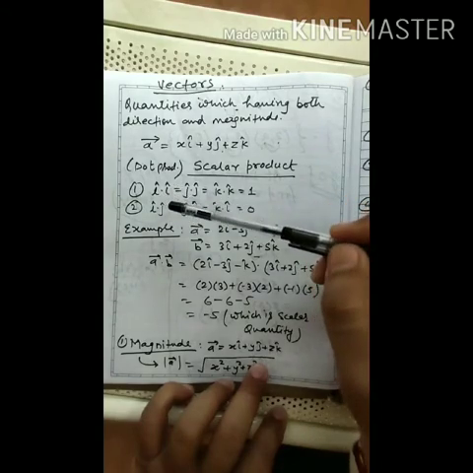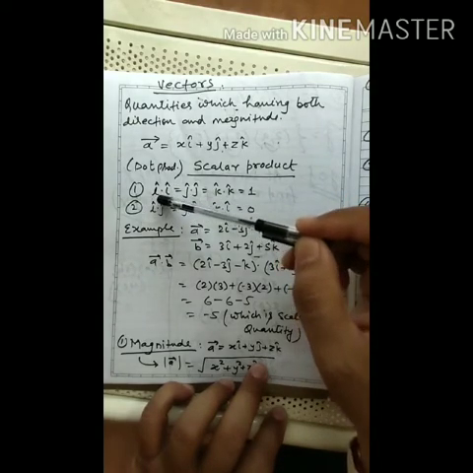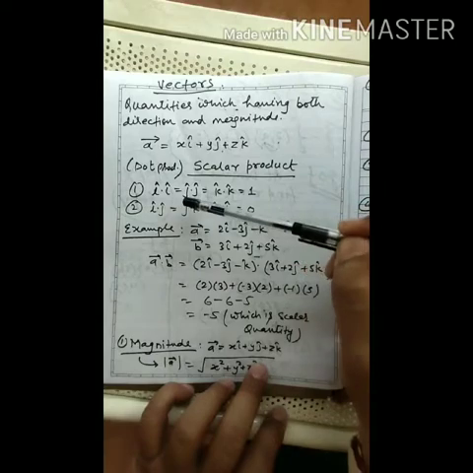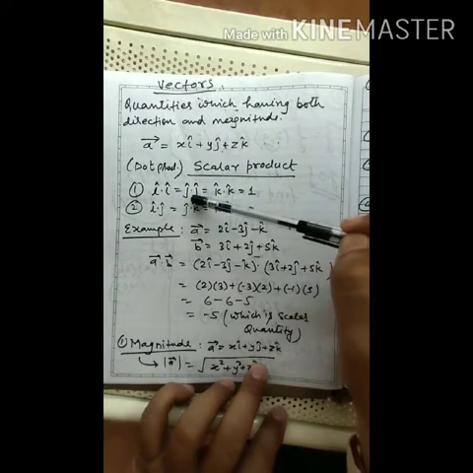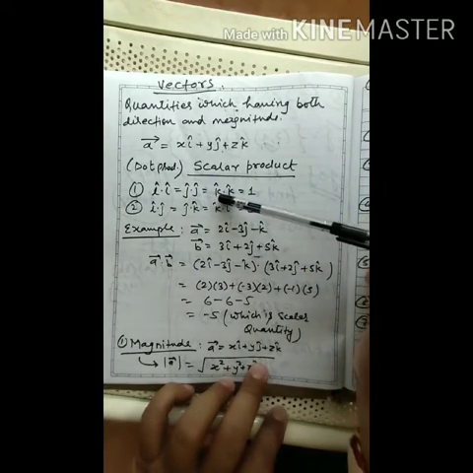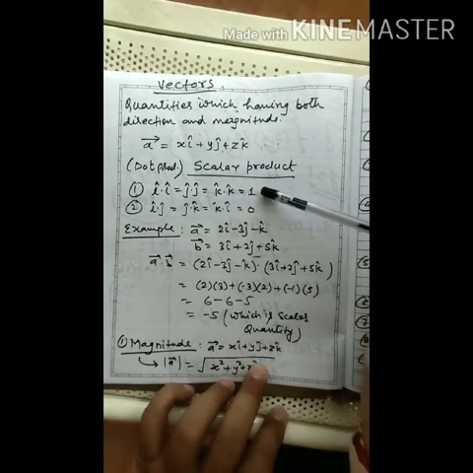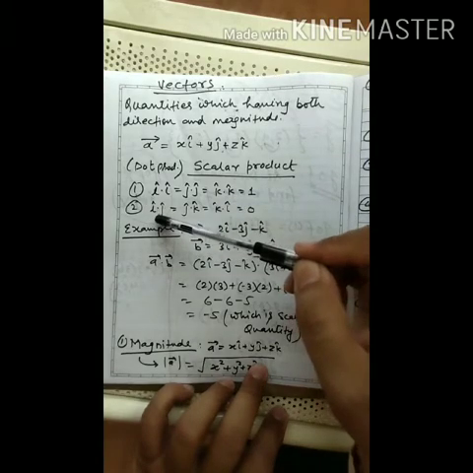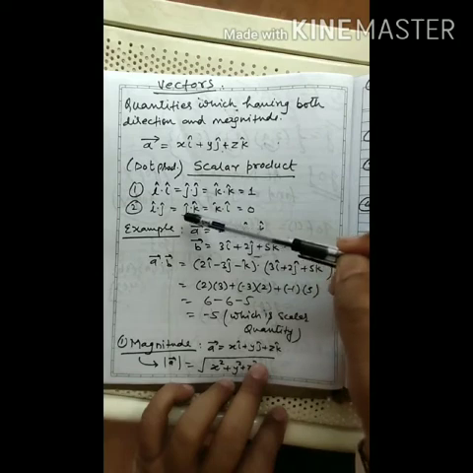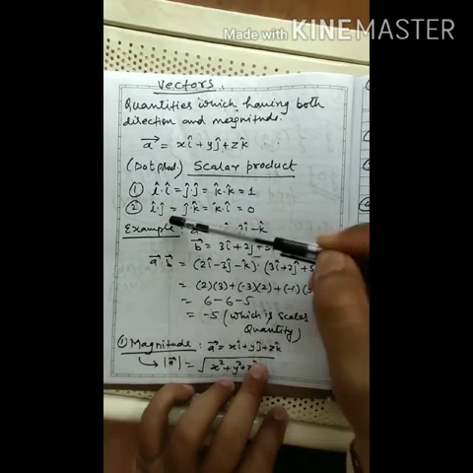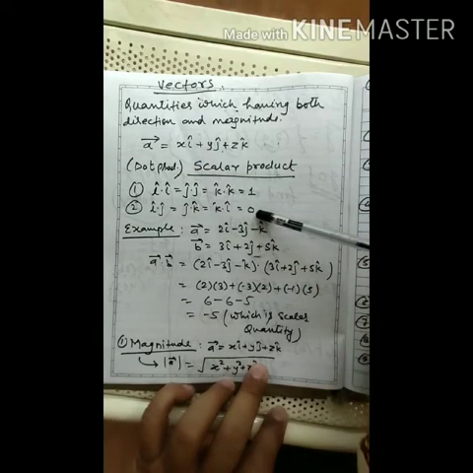So there are some formulas. I cap dot I cap equals j cap dot j cap equals k cap dot k cap equals 1. Similarly, I dot j, j dot k, k dot I, all these are equal to 0.